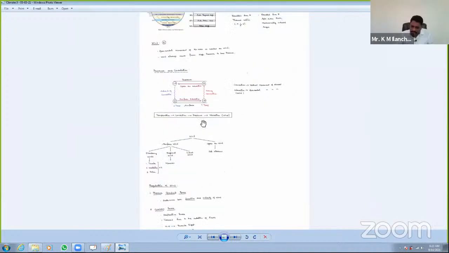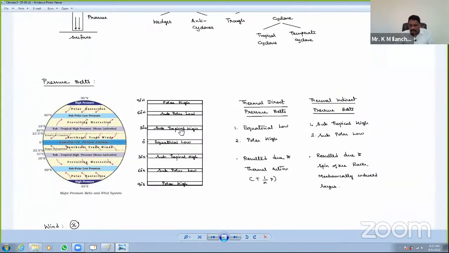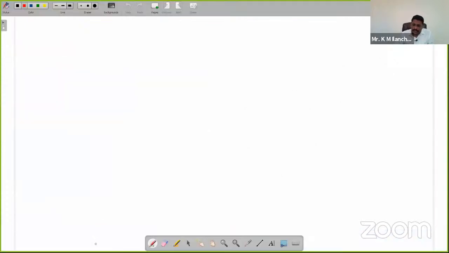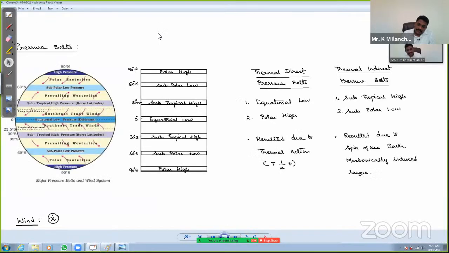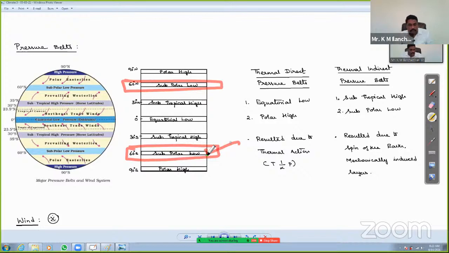Coming to this pressure system, the 60-degree latitude is often called the mid-latitude. Every latitude has a name. In both hemispheres, this particular latitude, in climatological parlance, you call the mid-latitude. Now this is a low pressure system.